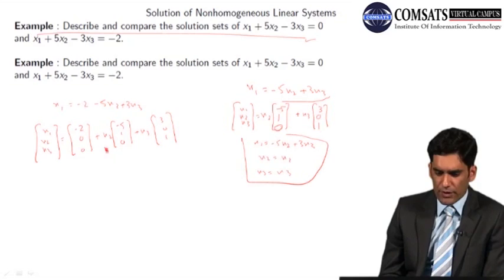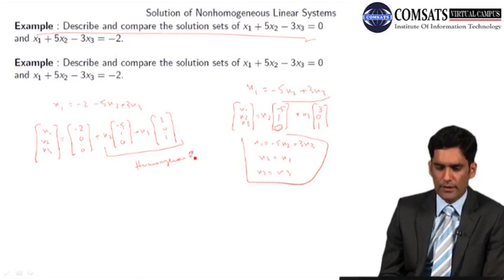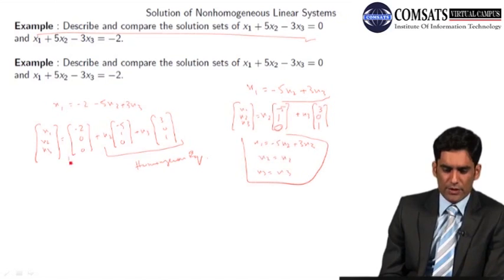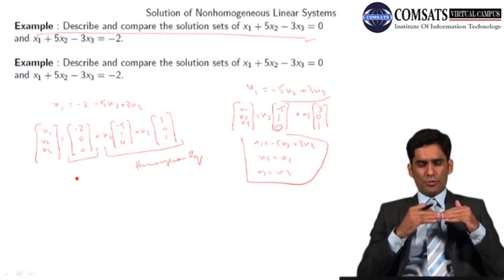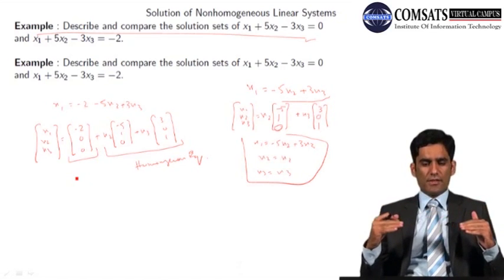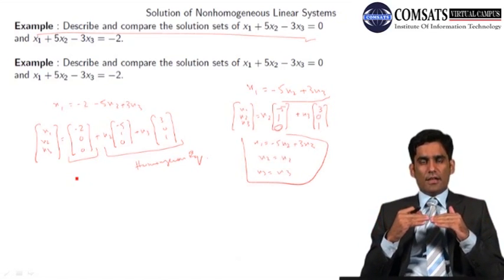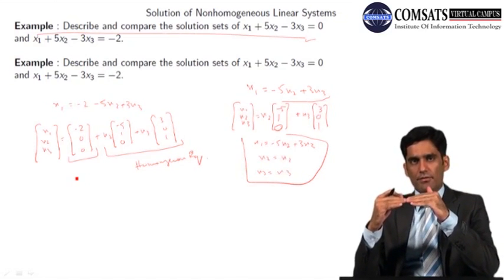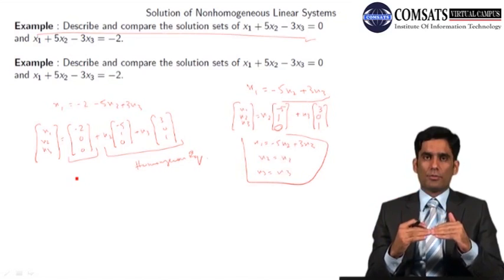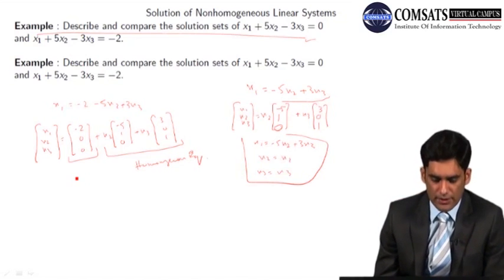So this is where we have the free variables. This is the solution of the homogeneous equation. And this is a vector, we just add a vector. So geometrically what is going on? The solutions of the homogeneous equation are just translated by a vector, and we have the solution of the non-homogeneous equation.